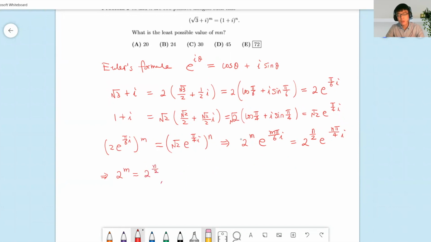The exponential parts are the same, meaning they are pointing in the same direction. In other words, the difference of these two angles, n pi over 4 minus m pi over 6, should be a multiple of 2 pi. That's 2k pi.